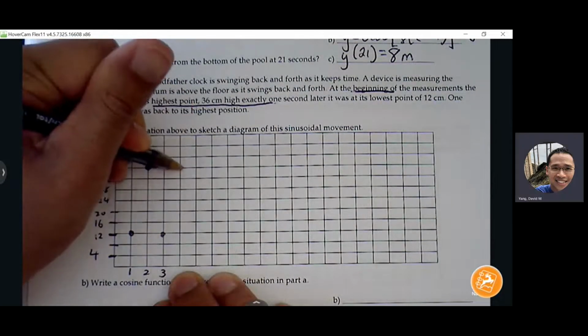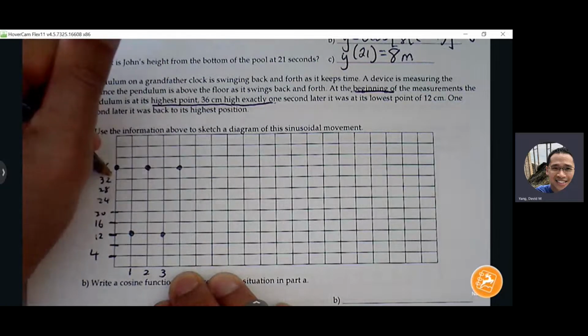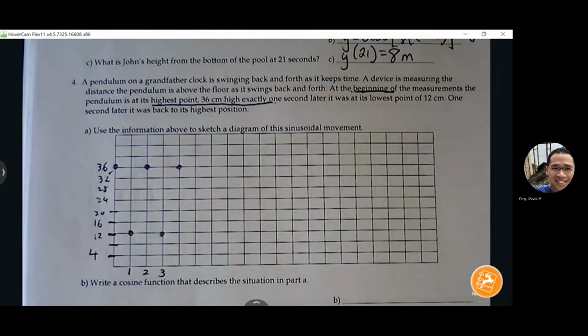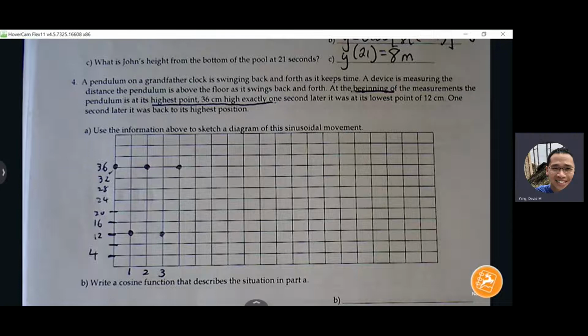I want to go for a couple more seconds. It could help later on when we're dealing with the sine. You can find the midline, the A value, the B value, so all that's easy. No shift, so the cosine will be easy to create. But the sine is a bit more challenging.